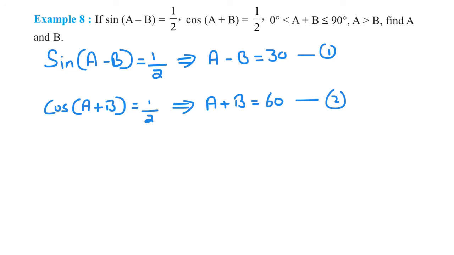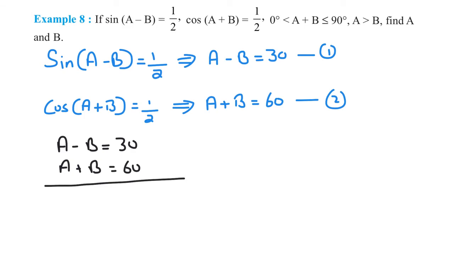Now we have moved on to our grade 9 level, solving problems. A minus B is 30 and A plus B is 60. Can you solve them? So A minus B is equal to 30, A plus B is equal to 60 degrees, solved by elimination method. So B cancels. 2A is equal to 90 degrees.